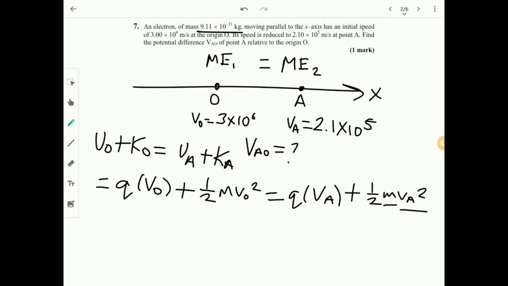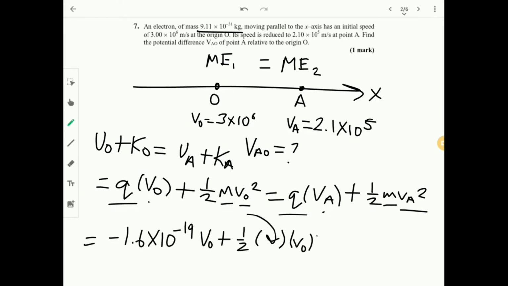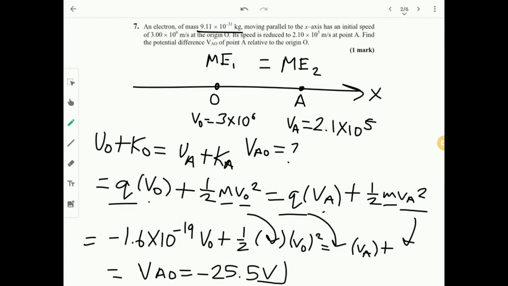We have the mass, the velocities, and Q. All we need to find is VA and V0. The charge of an electron is minus 1.6 times 10 to the minus 19. You just substitute, and you should get VAO equals minus 25.5 volts. So it's going from a higher to a lower potential.